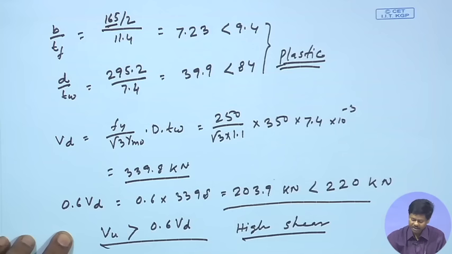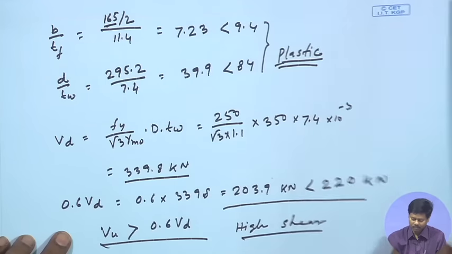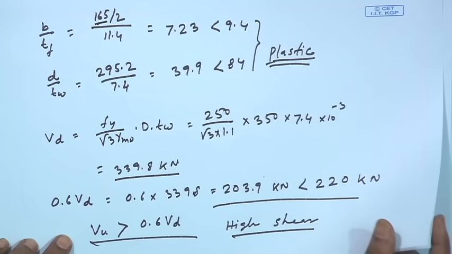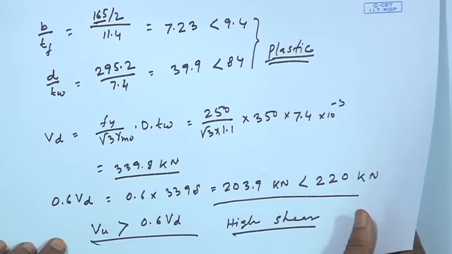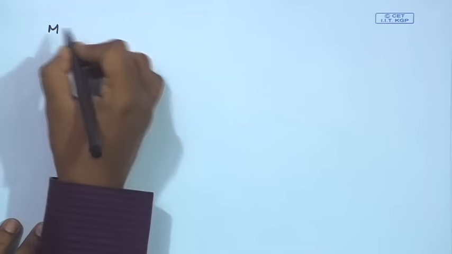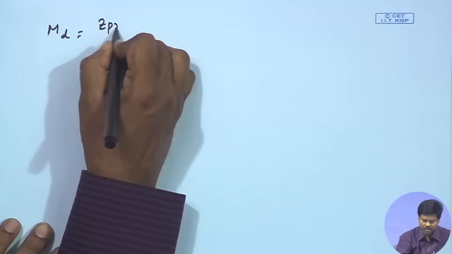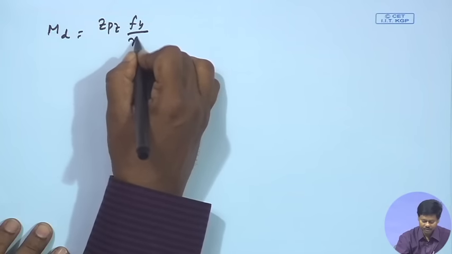Because of high shear, a certain amount of bending moment will be reduced with some reduction factor, and then finally we will get the modified bending moment. Because of the presence of high shear, we will see how to calculate the bending moment. First, the plastic design moment of the whole section disregarding high shear can be calculated as Md = Zpz Fy / gamma m0.